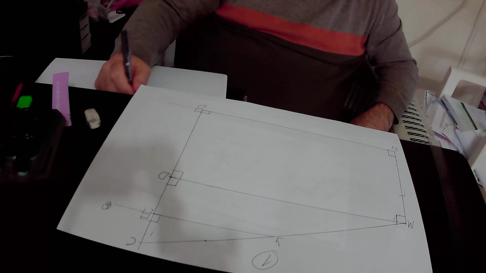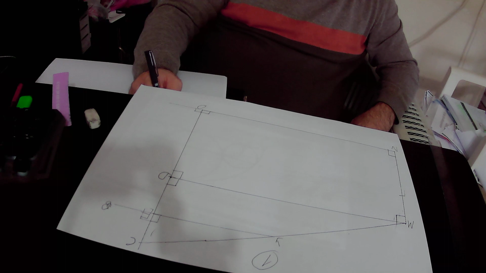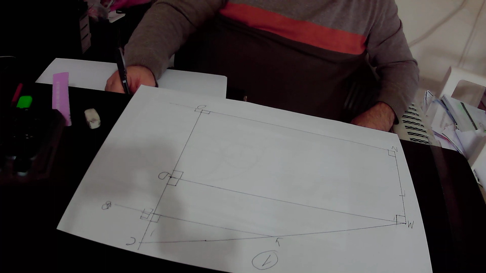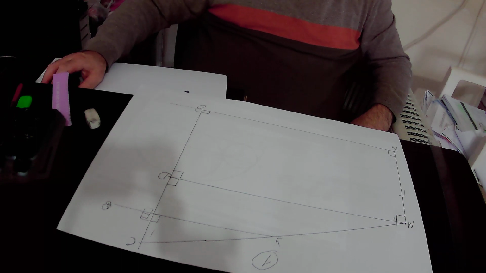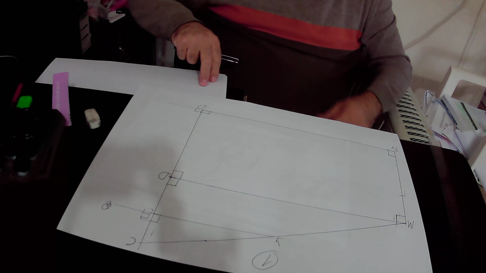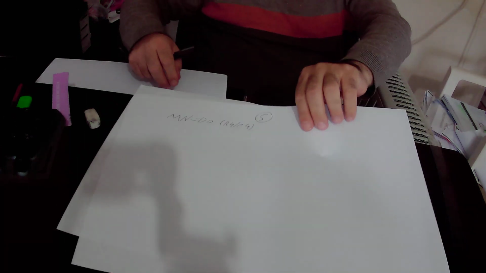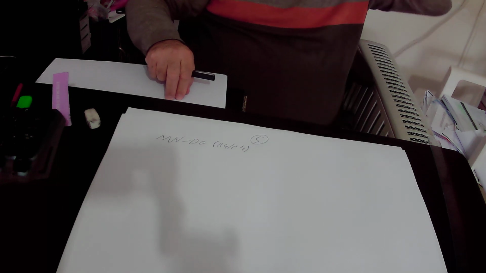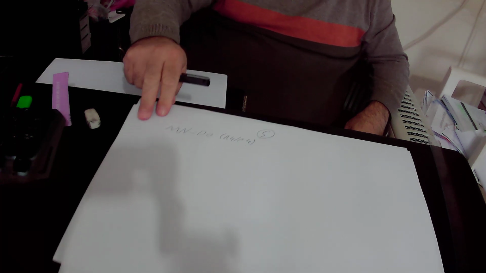Therefore, MN is equal to DO. This is according to rule number 4, that the opposite sides of a rectangle are equal to each other.